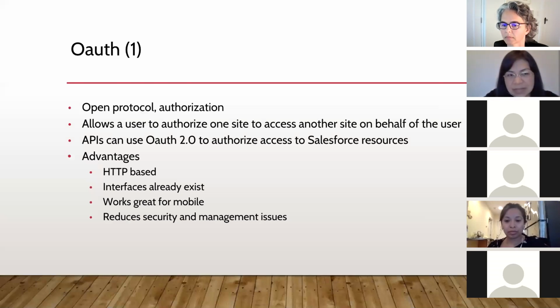Also, the interfaces in Salesforce are already there, we just configure them. It works great for mobile applications, and reduces the security and management issues because we don't have to replicate the passwords or users in another system. We just centralize everything, in this case in Salesforce. And the user just authorizes another application to access the data in Salesforce.